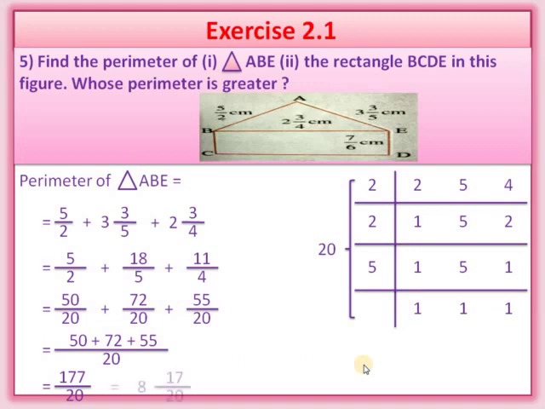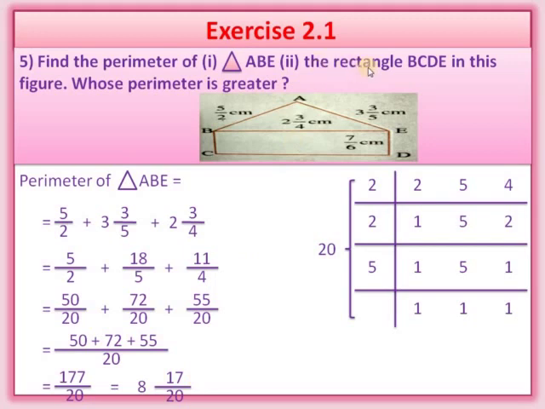So if you divide 177 by 20, beta, please do it by yourself, because we don't have more time to show you how to divide by 20. I have shown many examples, so you will get the answer, beta, 8 integer 17 upon 20. Okay, so this is the first part we have done completely.